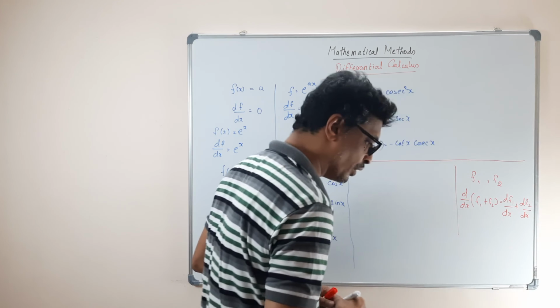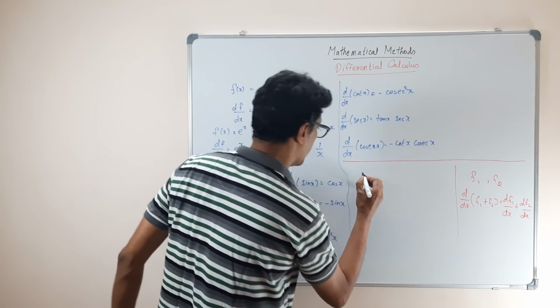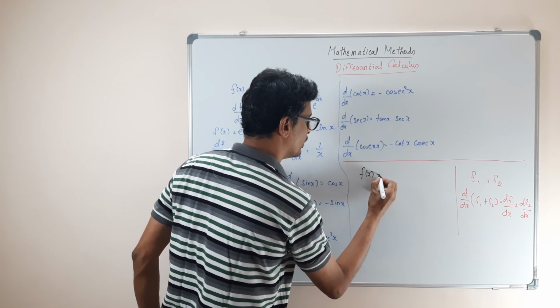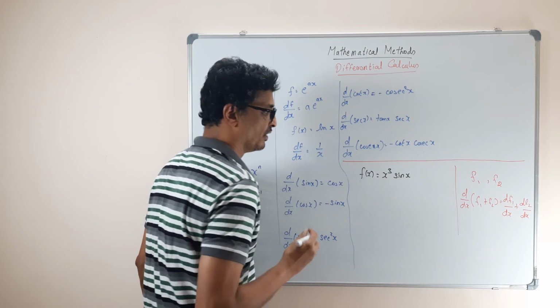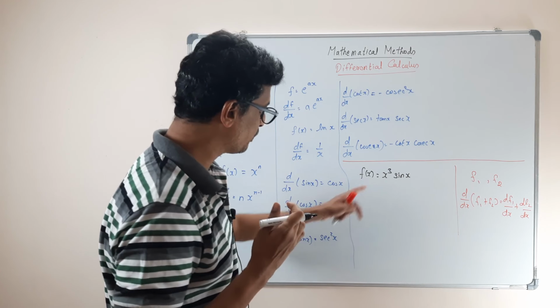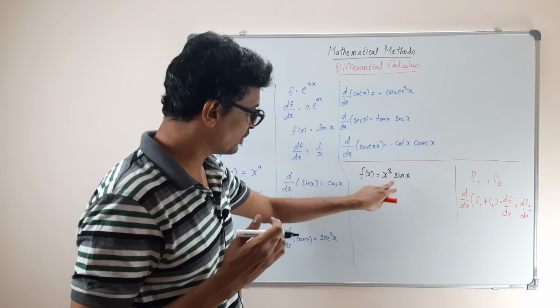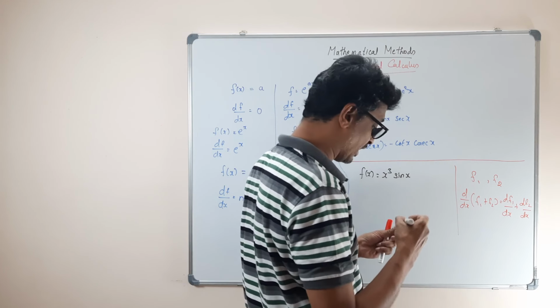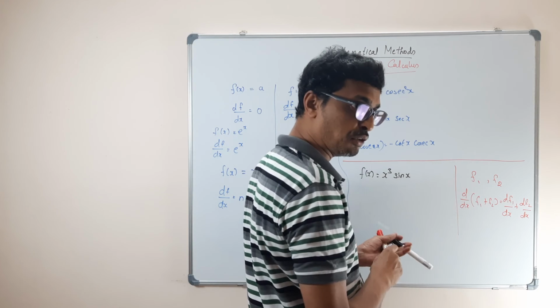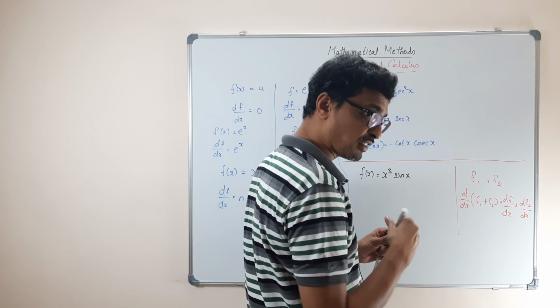Okay, there's one more problem that's also interesting. f of x equal to x cube sin x. So there is a multiplication of two functions. Am I right? You remember we wrote a division, f1 by f2. In the same way we did one multiplication also.